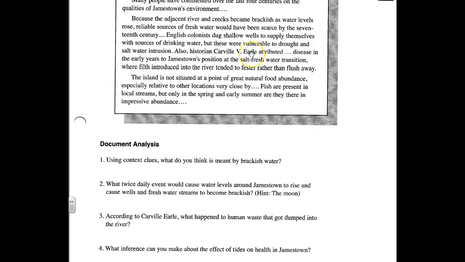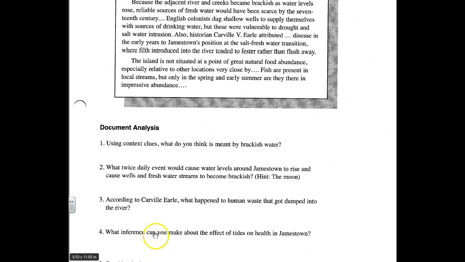And yes, ladies and gentlemen, please answer these questions in complete sentences. Always a good thing to get used to doing. Fourth question, what inference can you make about the effect of tides on health in Jamestown? Again, we're asking you to infer something, to make an educated guess.